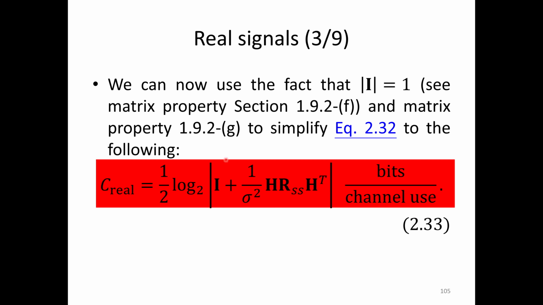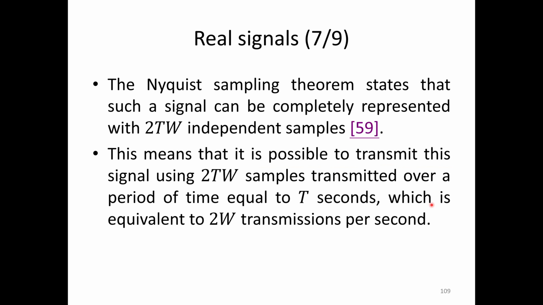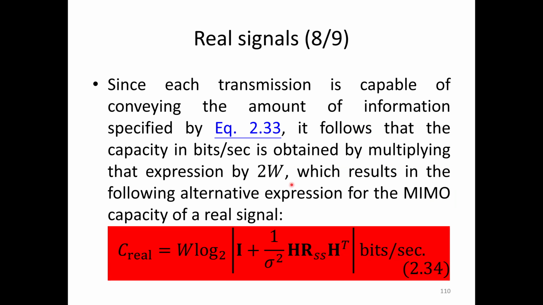So after multiplying this equation by 2W, we have C real is equal to W times log 2 of this term, bits per second, which results in the following alternative expression for the MIMO capacity of a real signal.